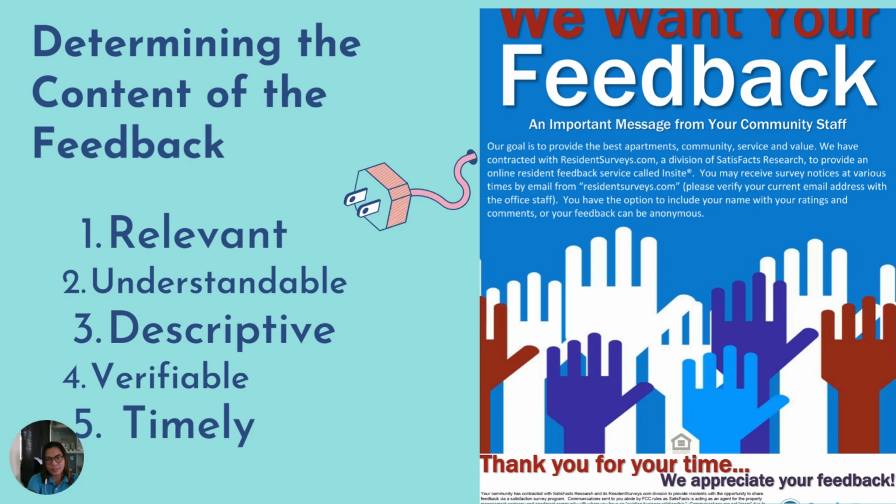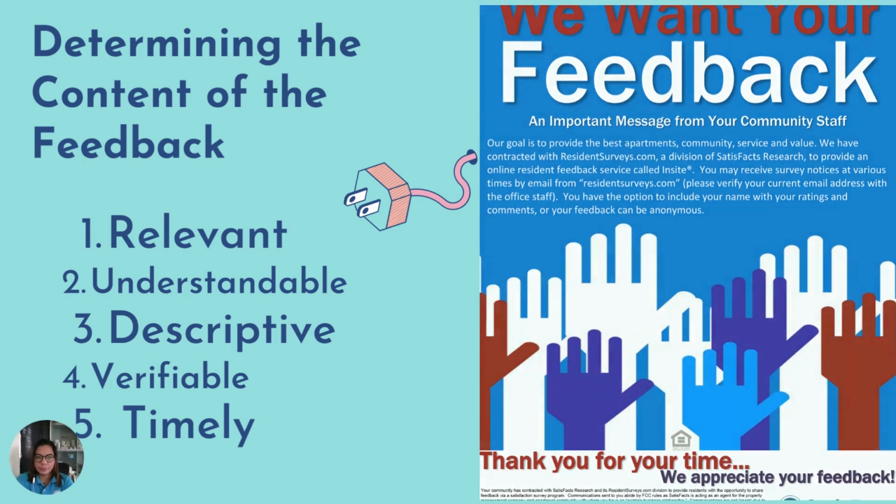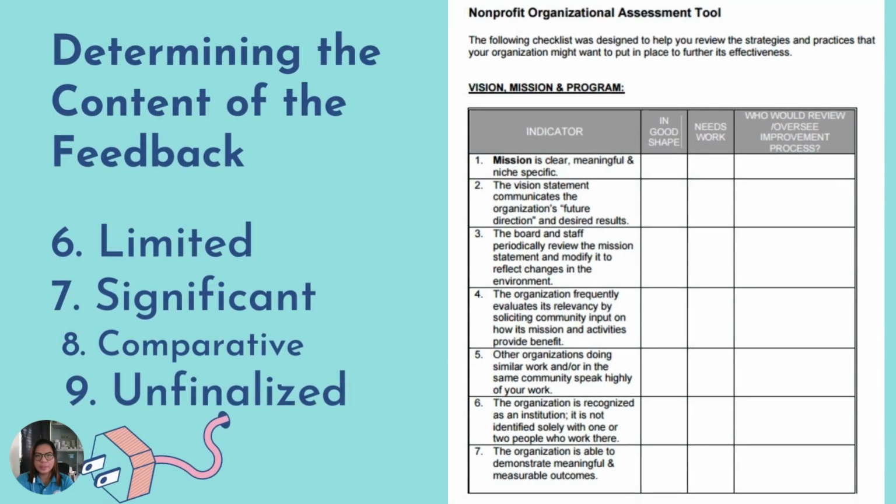The number five is timely. The data should be fed back to members as quickly as possible after being collected and analyzed. This will help to ensure that the information is still valid and linked to the members' motivation. Another one is limited.